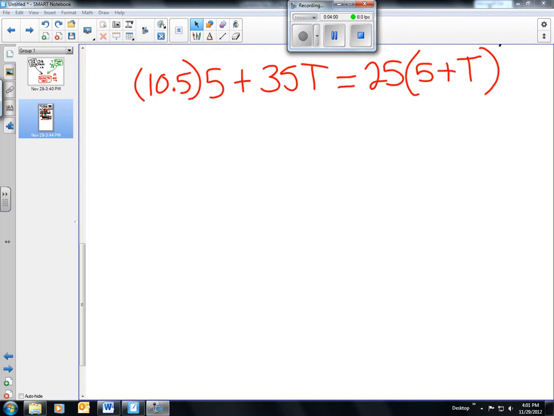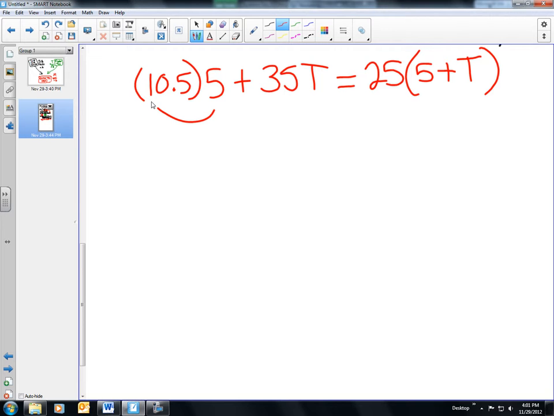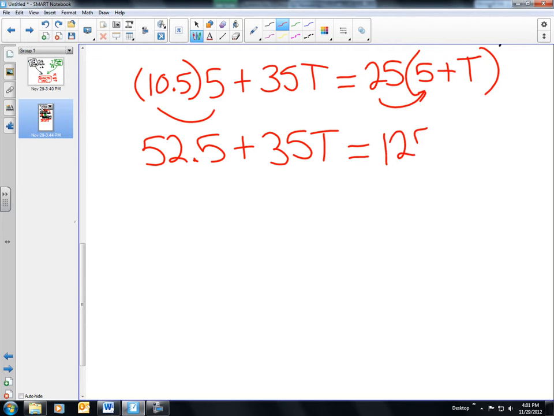Well, first use your multiplication to get 10.5 times 5, which is 52.5, plus 35T. And then on the other side, we're going to use the distributive property. So 25 times 5, which is 125, plus 25 times T, which is 25T.